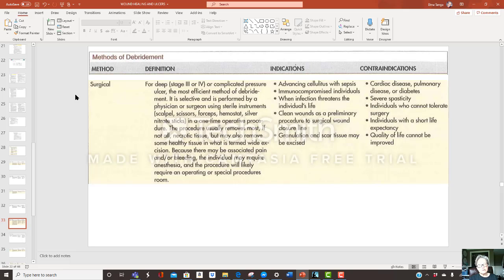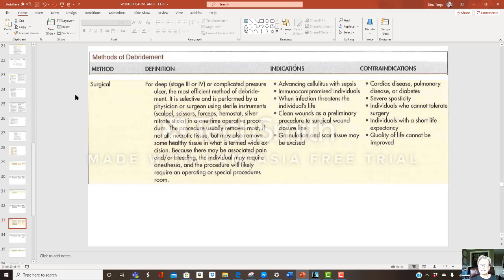The procedure usually removes most, if not all, necrotic tissue and may also remove some healthy tissue in what is termed wide excision. Because there may be associated pain and/or bleeding, the individual may require anesthesia, and the procedure will likely require an operating or special procedures room.